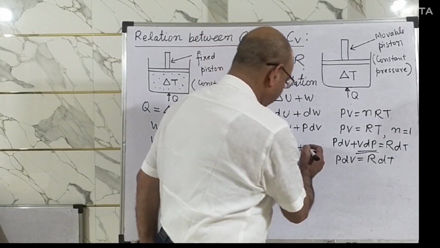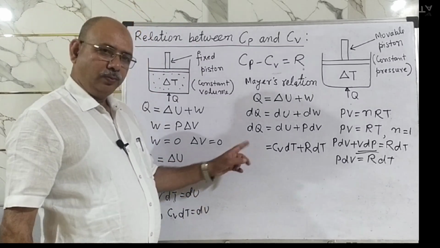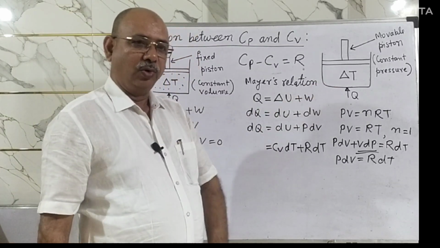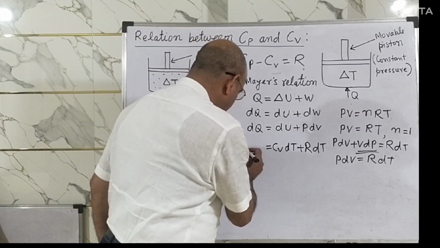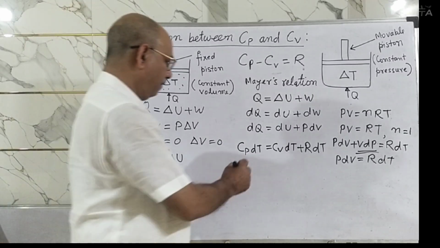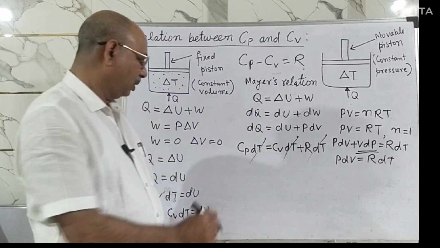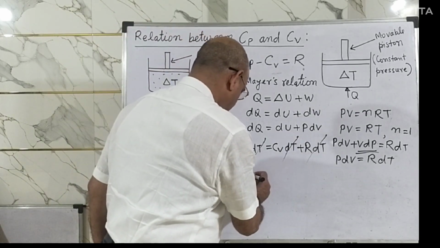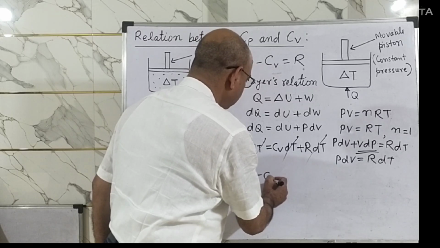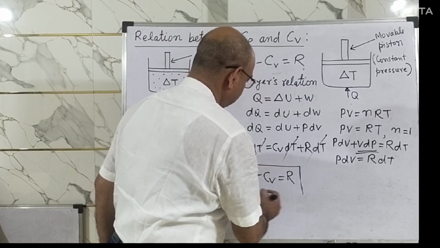P dV we can write from here as R dT. dQ at constant pressure for 1 mole we can write as Cp dT. dT, dT cancelled out. Now Cp minus, we transpose Cv to the left side, Cp minus Cv is equal to R.